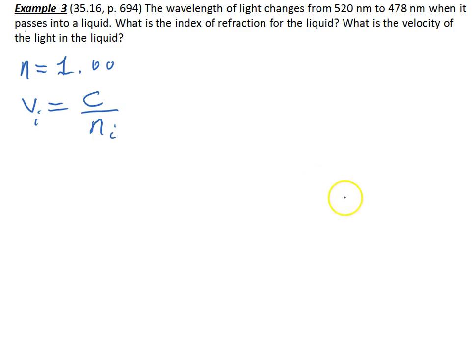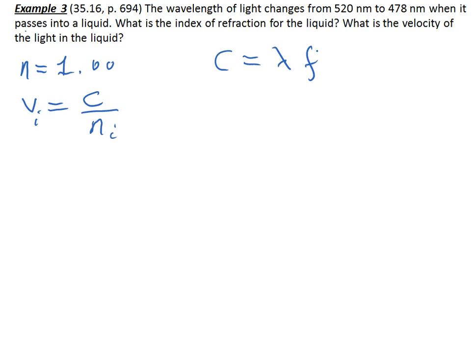And we also know that the wavelength of light changes. Well, the velocity of light is equal to the wavelength times the frequency of light.